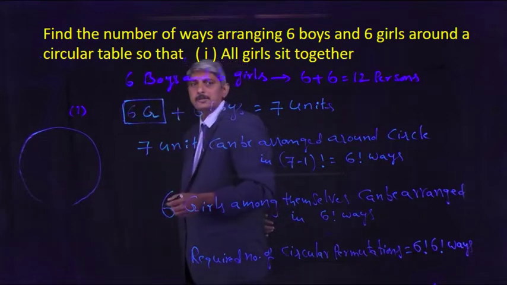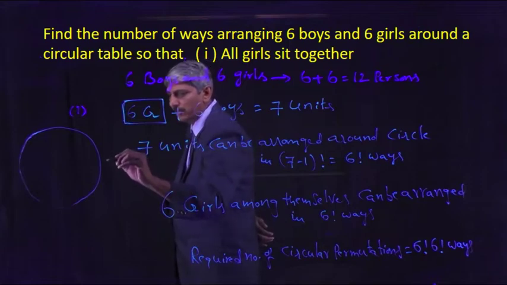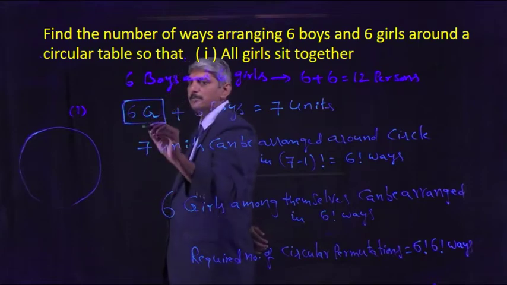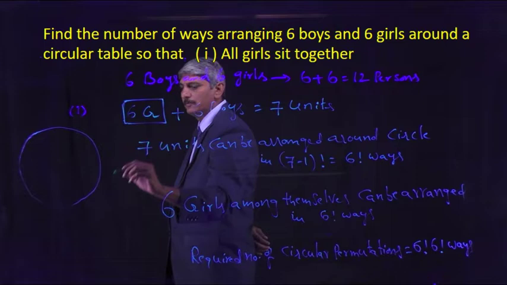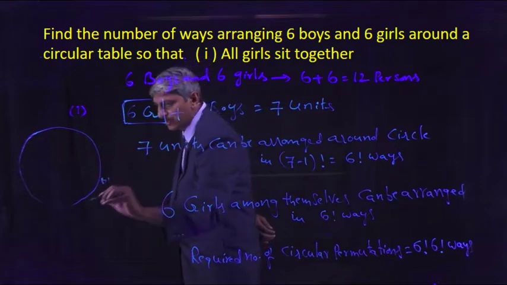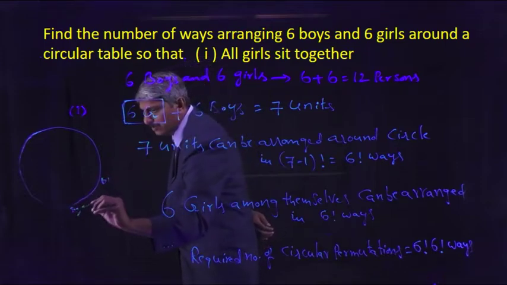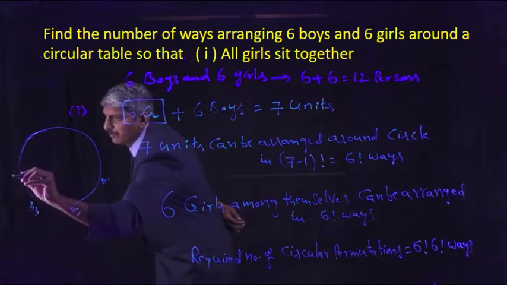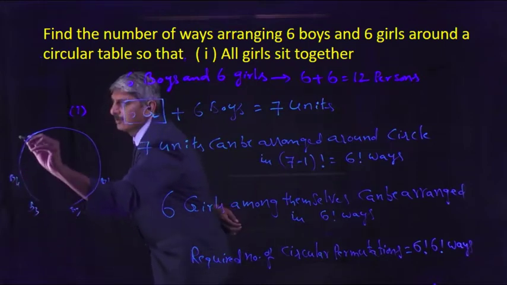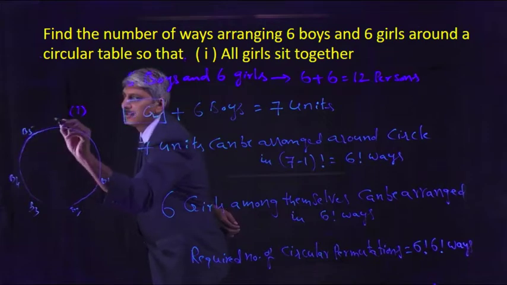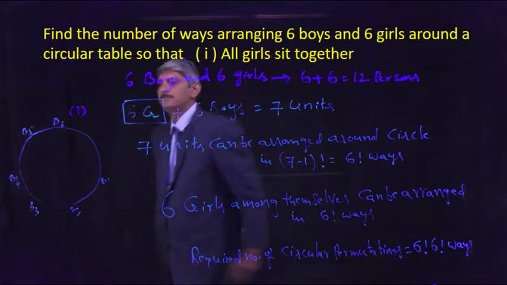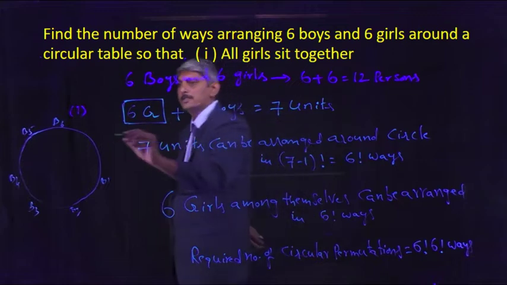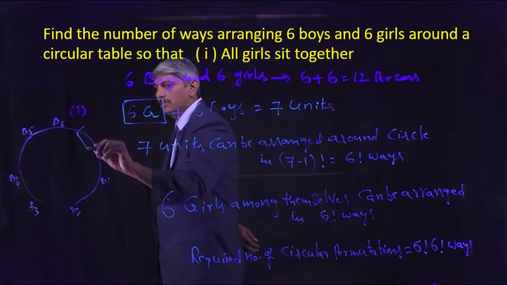Let the boys be B1, B2, B3, B4, B5, B6, and the 6 girls are taken as 1 unit.